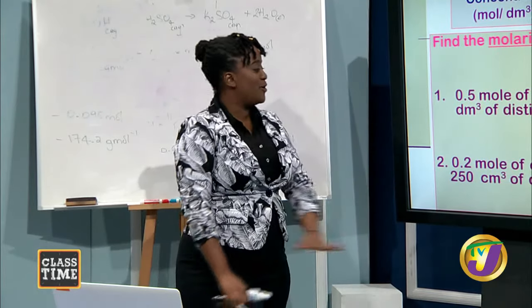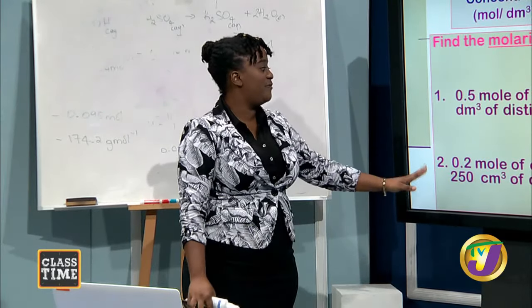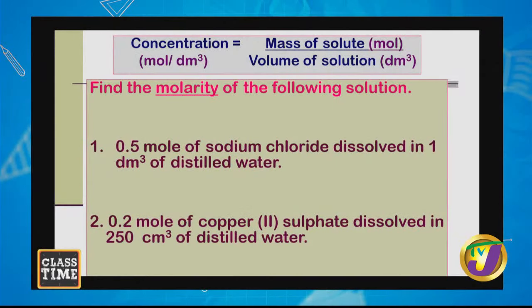So number two, it would be 0.2 moles divided by, we can't divide by 250 because it's in centimeter cube. The unit for concentration is dm cube, so it's mole per dm cube.